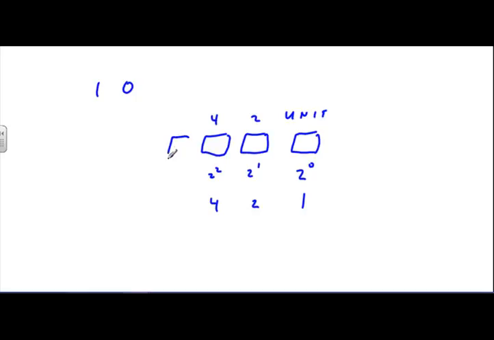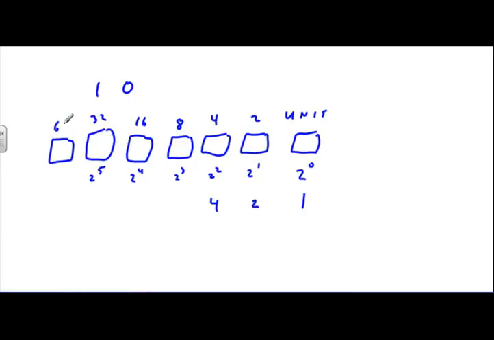And then we have the 8's place, 2 cubed. And then we have the 16th place, 2 to the 4th. And we have the 32nd's place, 2 to the 5th. All right. And we can go further. We can go 64, 2 to the 6th, and then we could go 128, 2 to the 7th, and then we ran out of room, so we won't go any further than that.